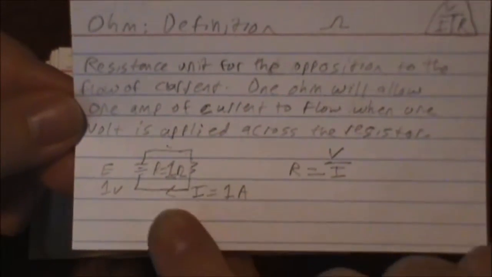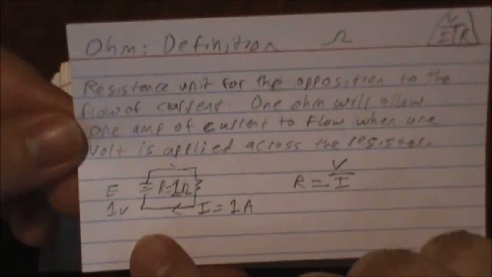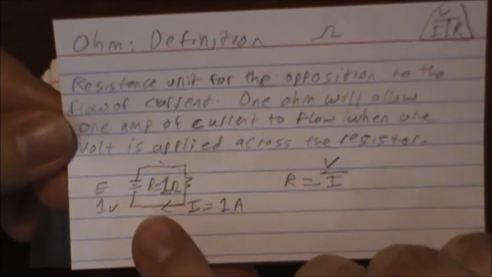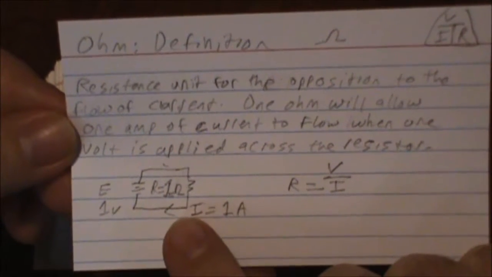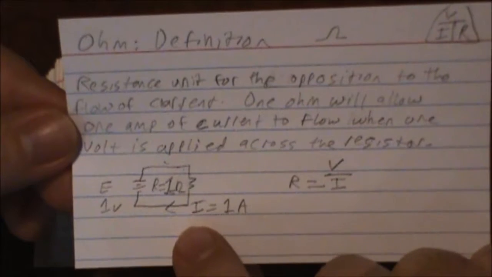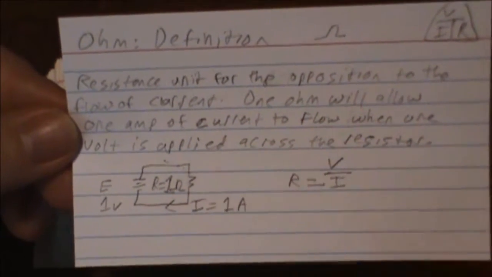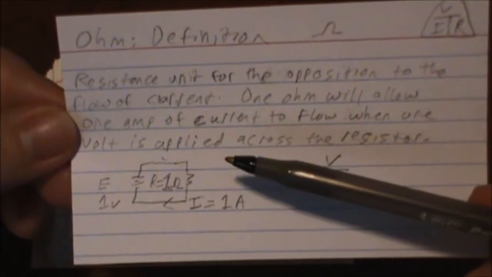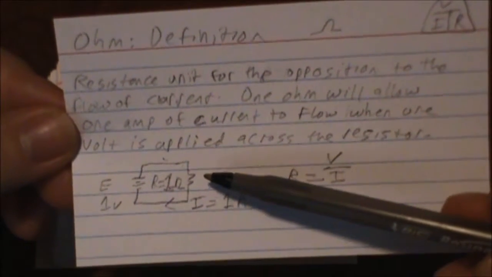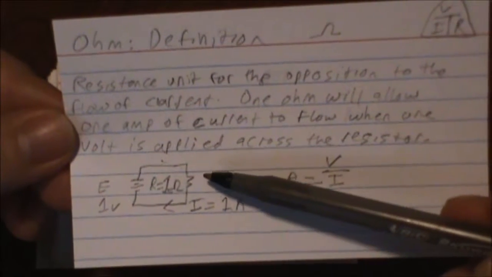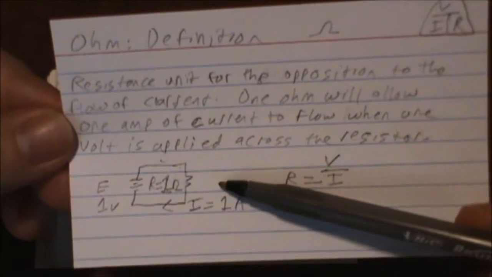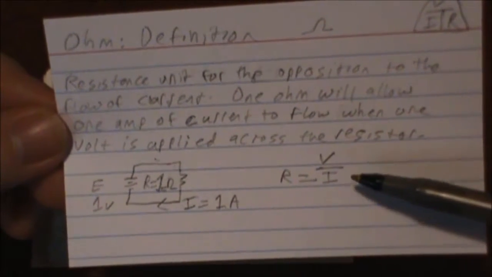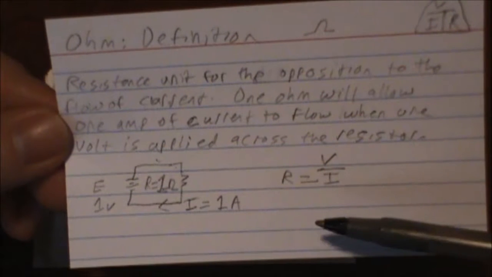And that means if we know we have 1 volt across our battery terminals, and we know that we have 1 amp of current flowing through, then we know that the resistance, or the load on our circuit, you'll hear that term a lot, load, and that's what's drawing current, in this case is 1 volt over 1 amp, which reduces down to 1 ohm.